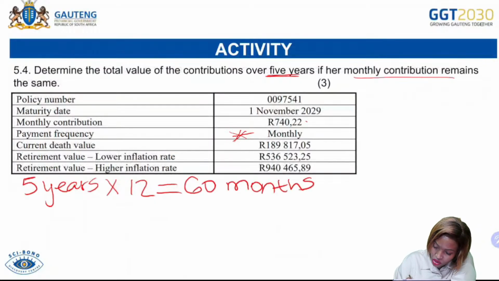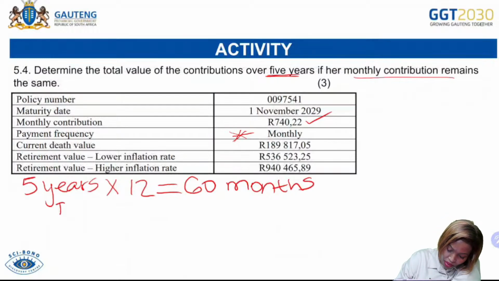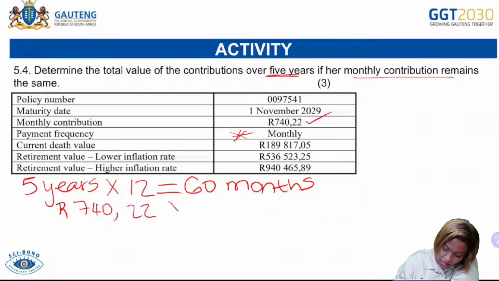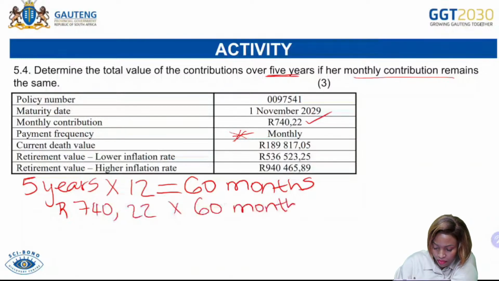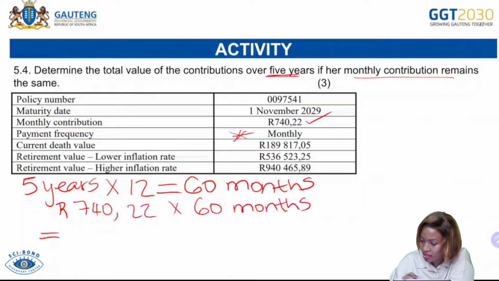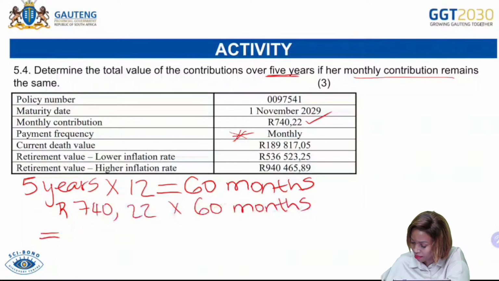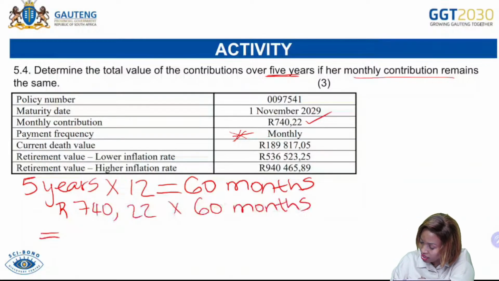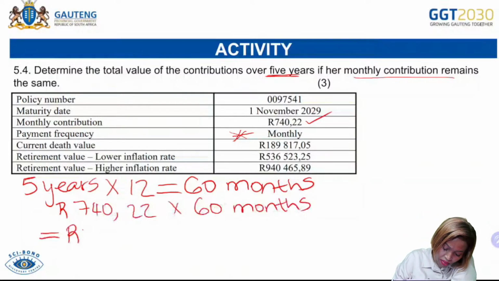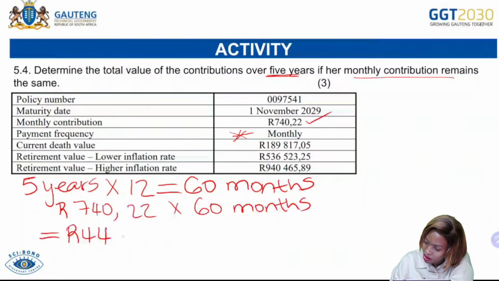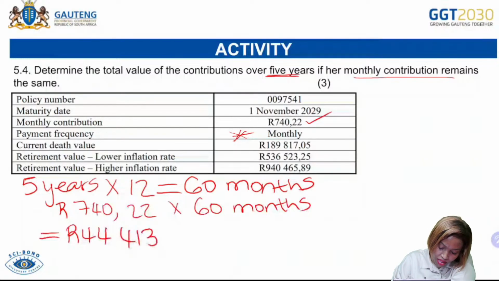And then what is the monthly installment? 740 rands and 22 cents multiplied by 60 months. The answer, 60 months multiplied by 740 rand and 22 cents. The answer that I'm getting here, it is 44,413 and 20 cents.